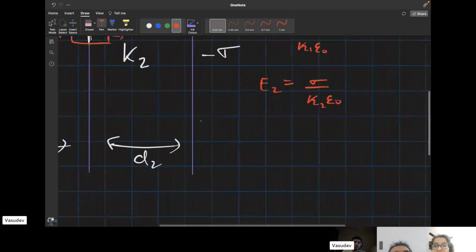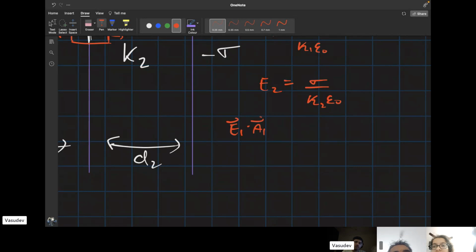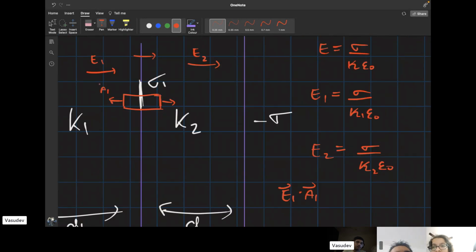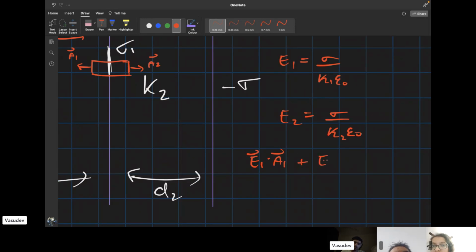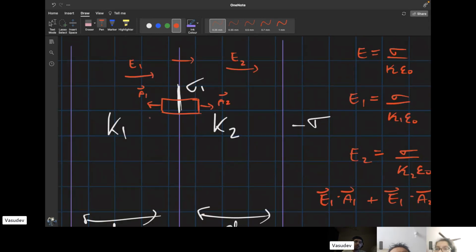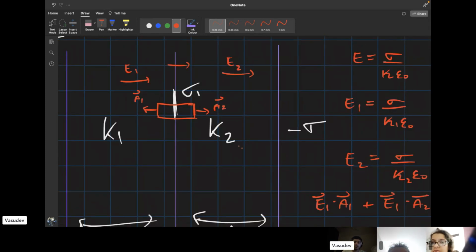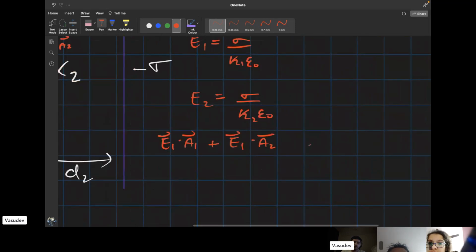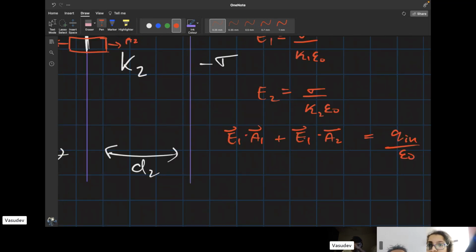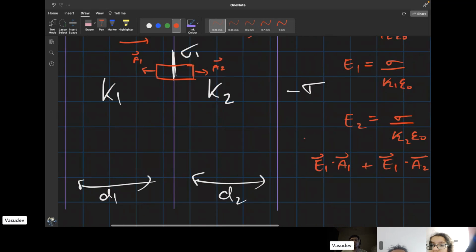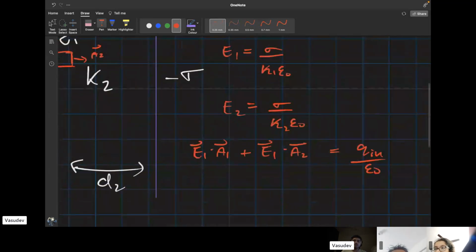So if I were to take the dot product, E1 vector dot A1 vector, that is my A1 vector, and E2 vector dot A2 vector, that should give me the total flux passing through that pillbox, and that can be equated to Q enclosed over epsilon naught.